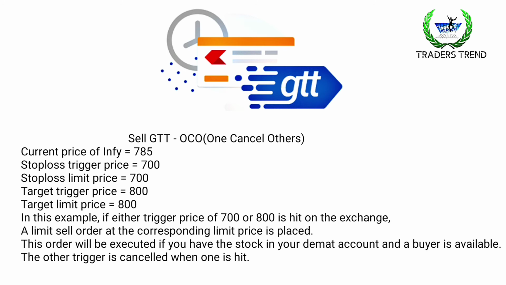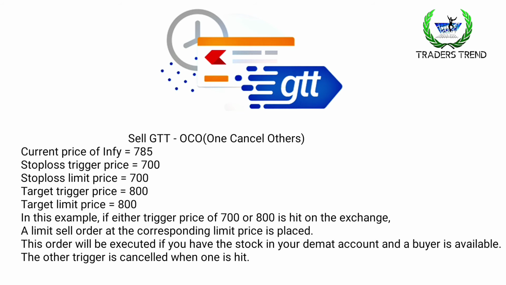And the next one is sell GTT OCO, one cancels other. Let's see the example of Infy stock. Infy means Infosys. Let's say the current price is 785. Here we can set the stop loss trigger price equal to 700 and the stop loss limit price equal to 700, and then the target trigger price equal to 800 and the target limit price equal to 800.